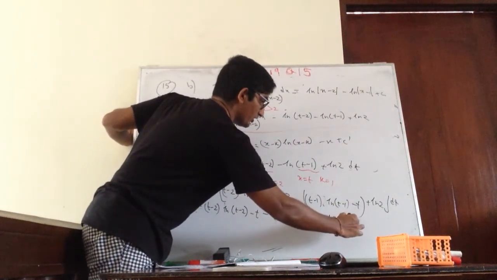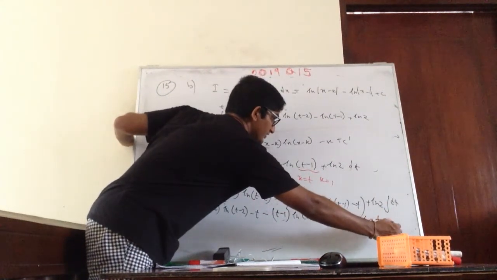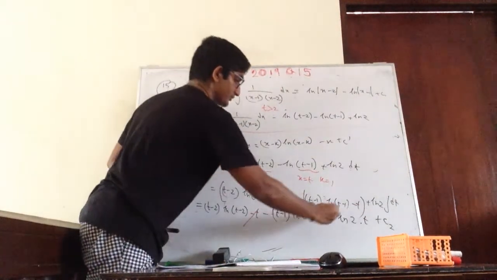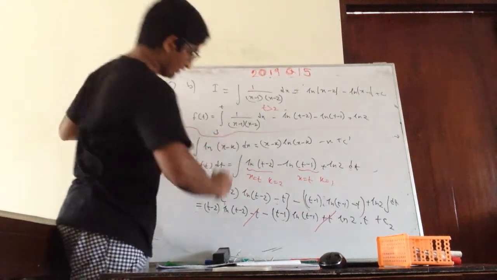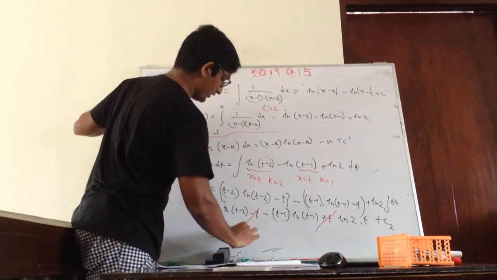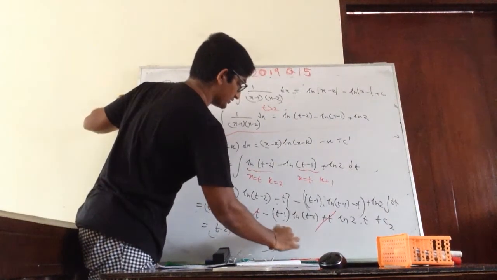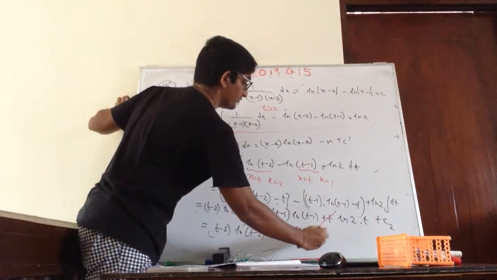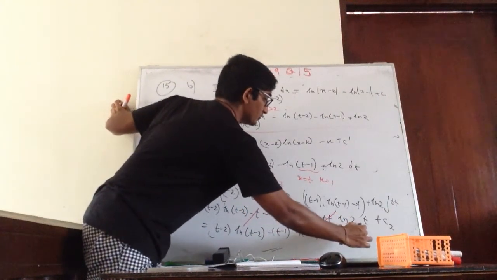Here you will get t ln 2, and then you will have some other c2. Then you can cut this off, and this is the answer. So you will get the answer as (t minus 2) ln(t minus 2) minus (t minus 1) ln(t minus 1) plus t ln 2 plus c2.